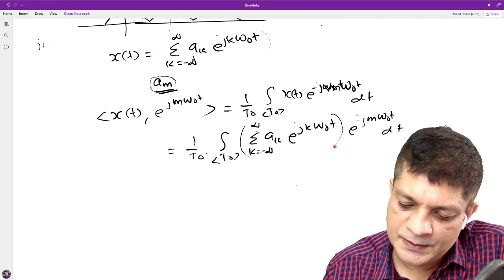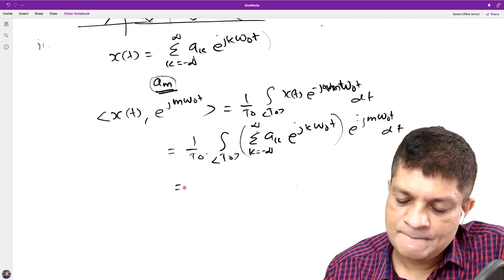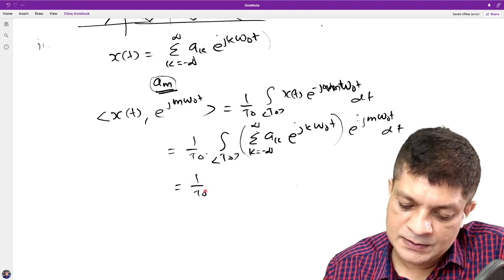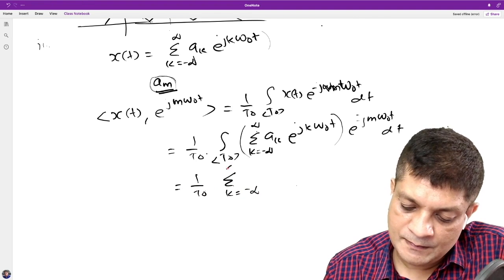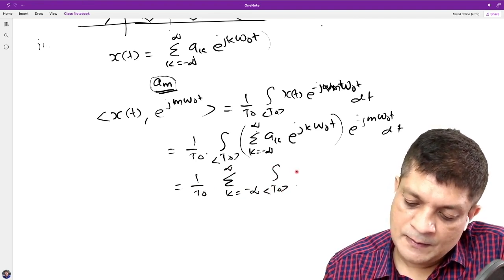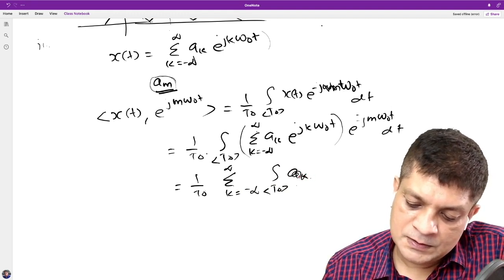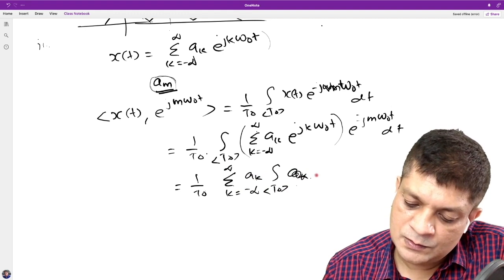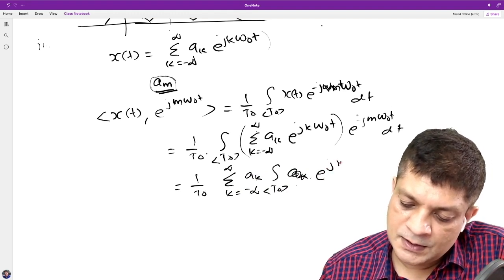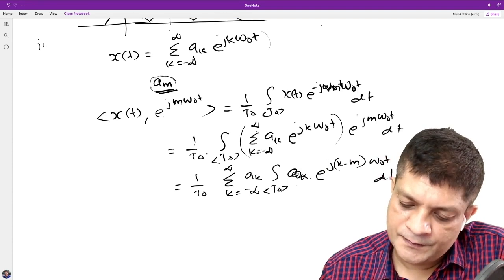Now can we simplify this? Here it is a k into e to the power j (k minus m) omega naught t dt.